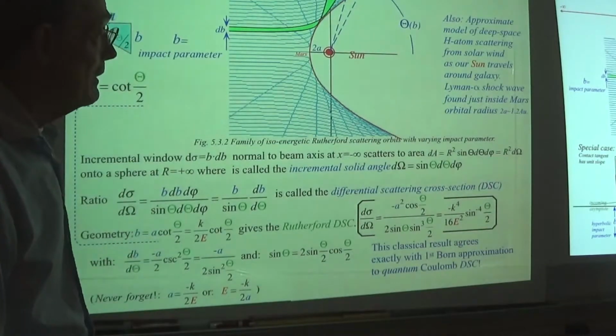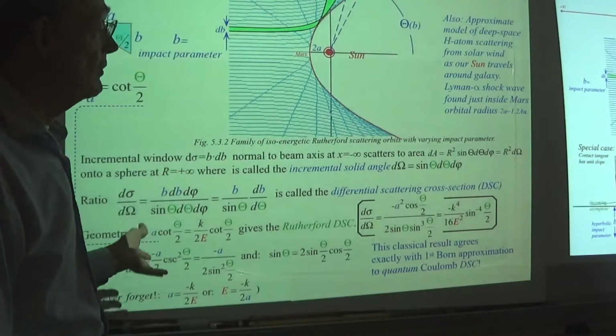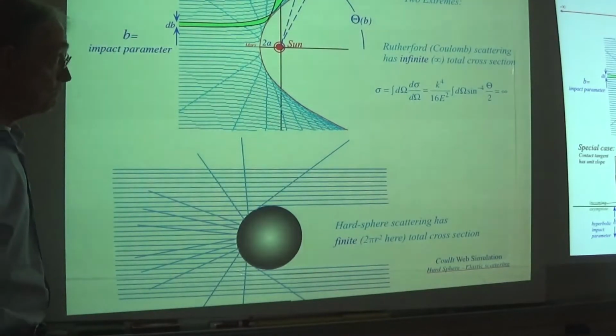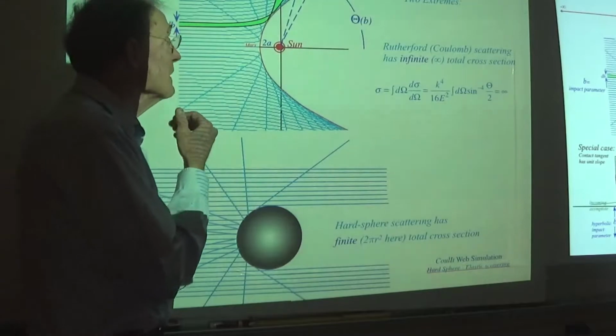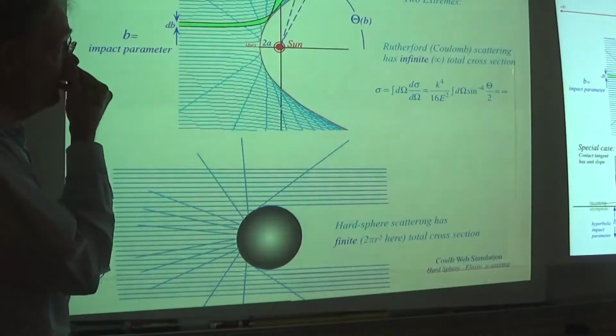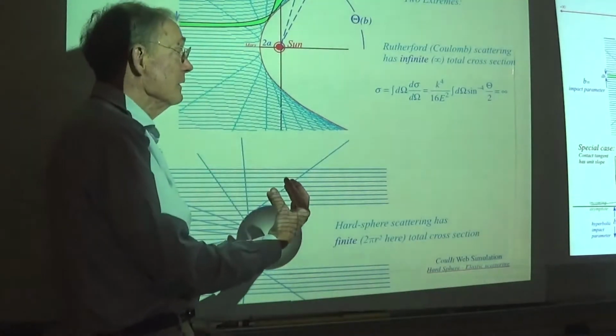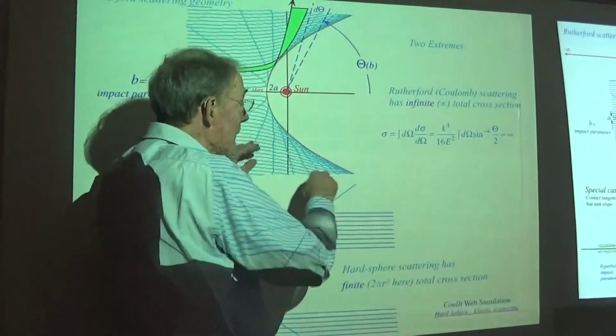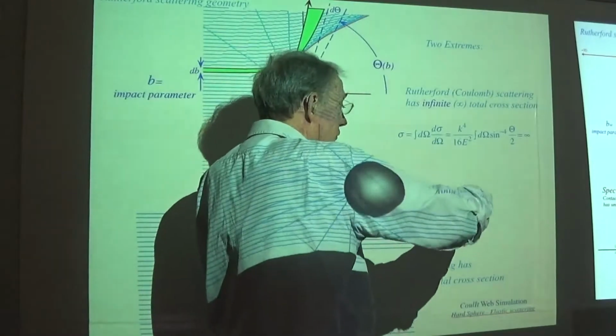So here is where a completely classical approach comes up with a number very similar to what the quantum mechanics gives you. And also this is where we realize that the Coulomb field has infinite total cross-section. And you can see that this parabola is not going to stop.